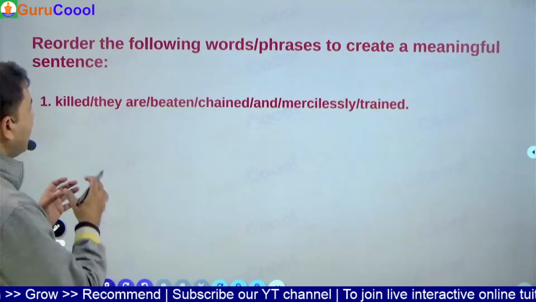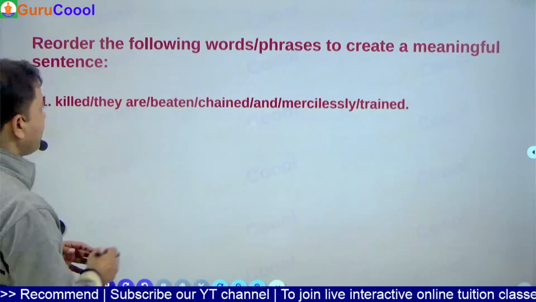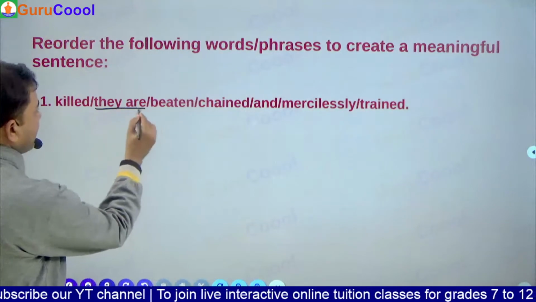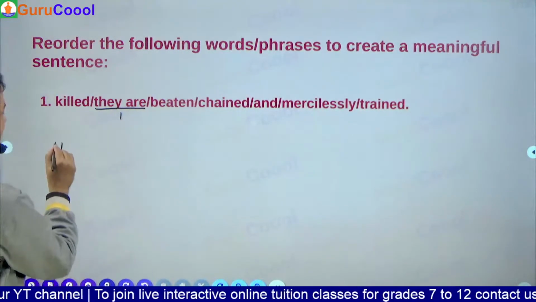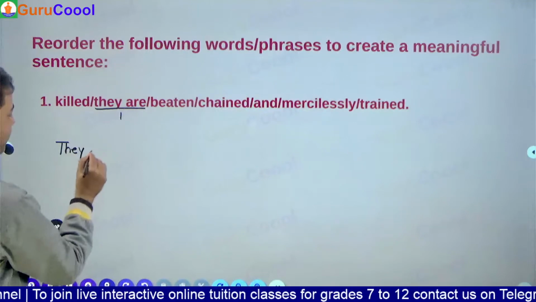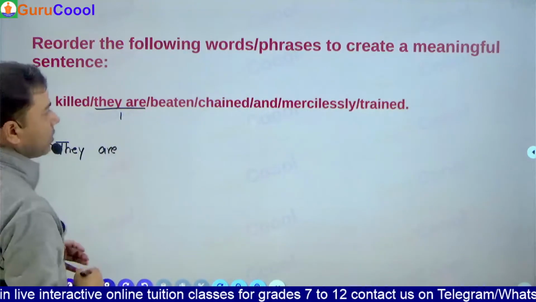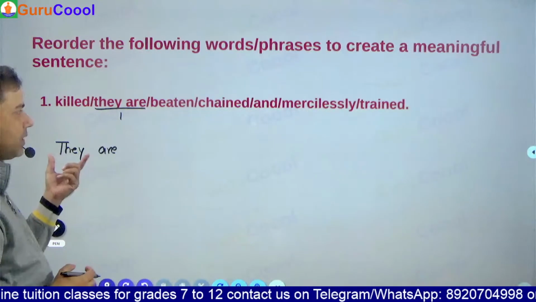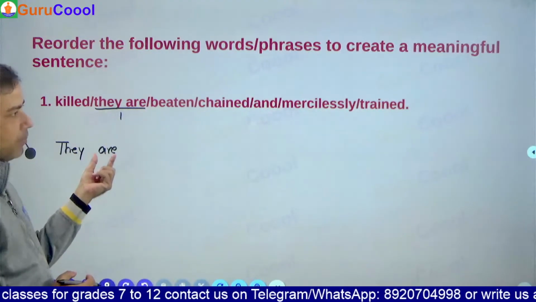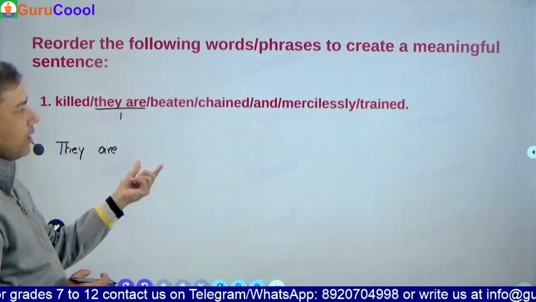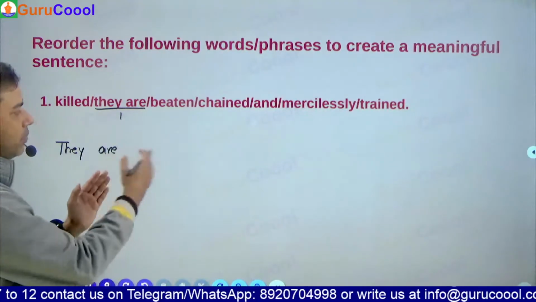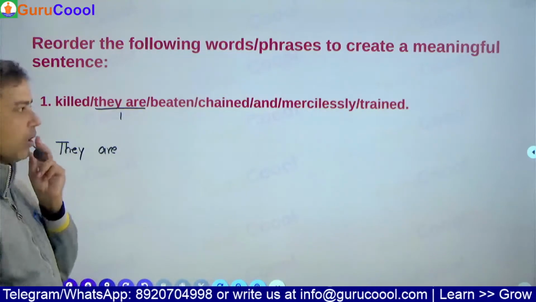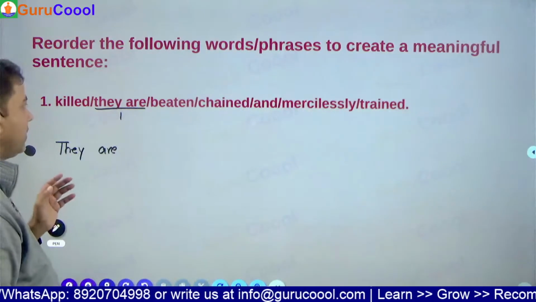You did not arrange the words properly. They are should be the very first. Because whenever we create a sentence, we write the subject first, then the helping verb, then the main verb, and if there is more than one main verb, we arrange them one by one, separated by commas.